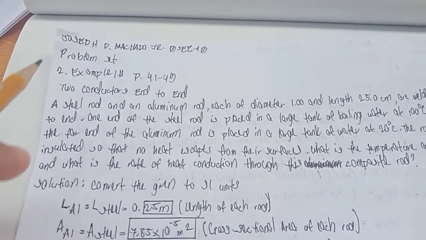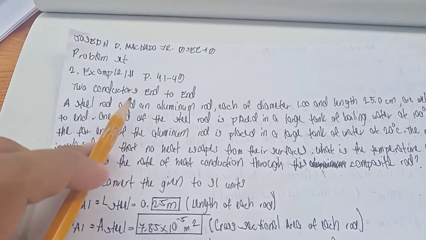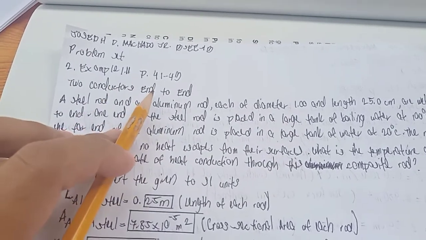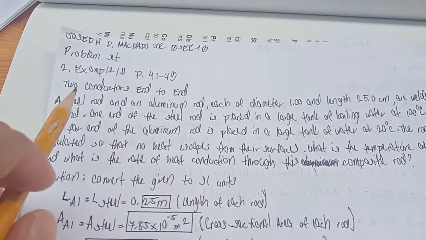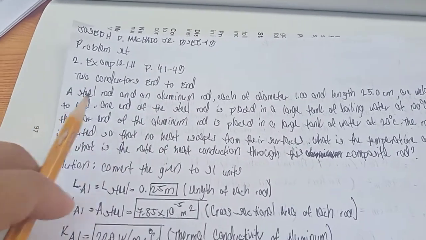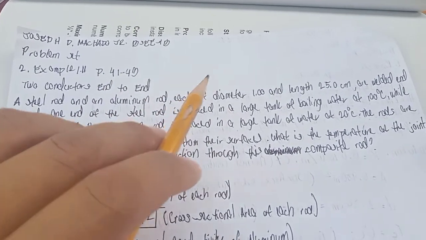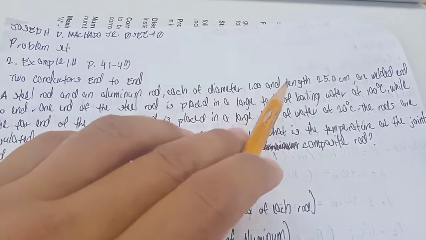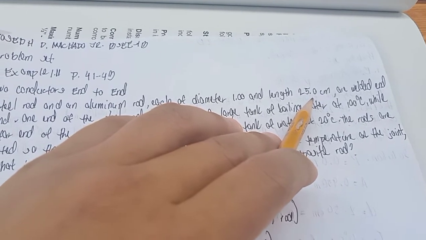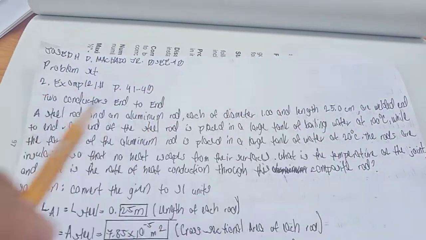Problem set number 2, Example 1.11, page 41 to 43. Two conductors end to end. Question: a steel rod and an aluminum rod, each of diameter 1.00 cm and length 25.0 cm, are welded end to end.